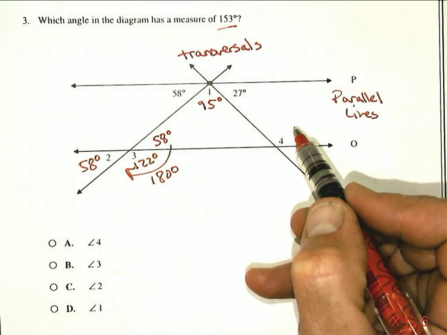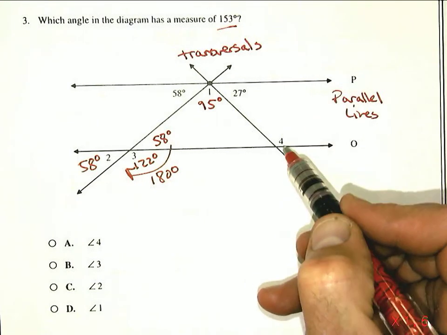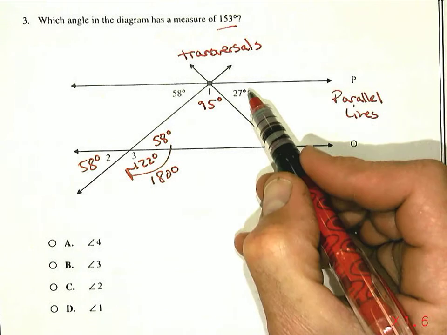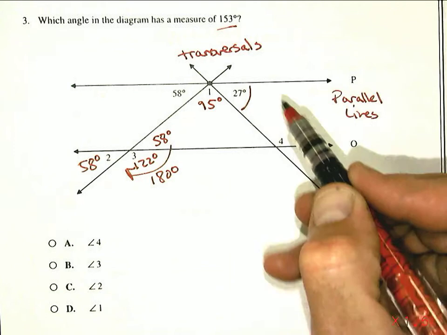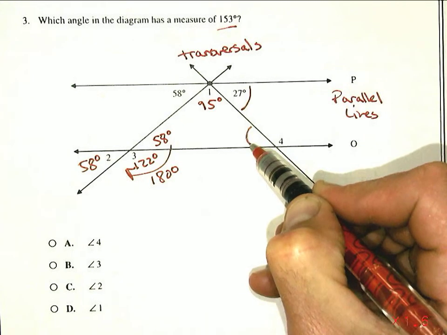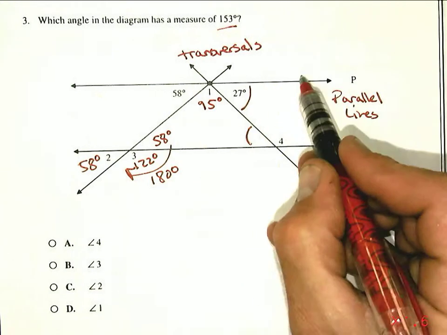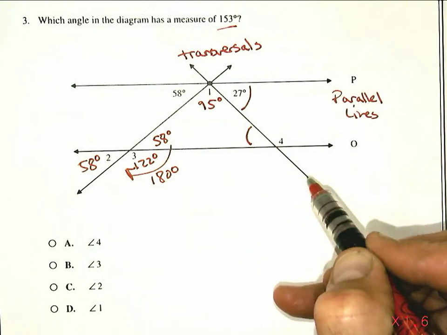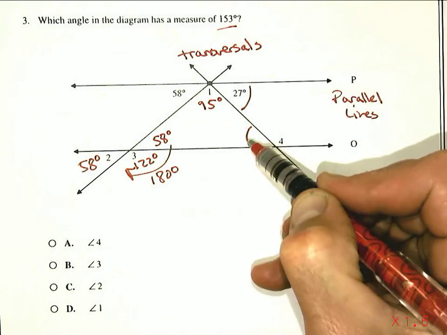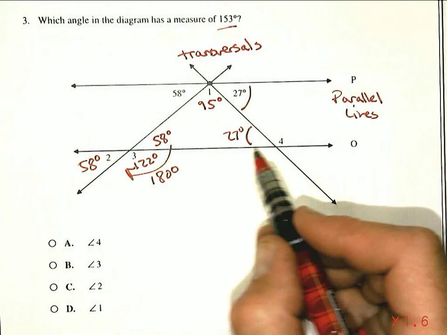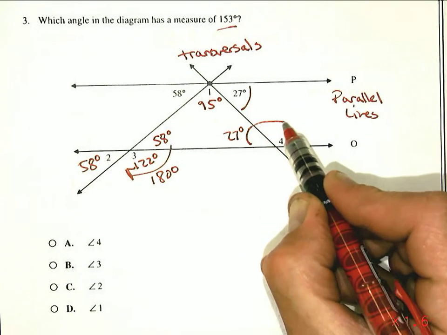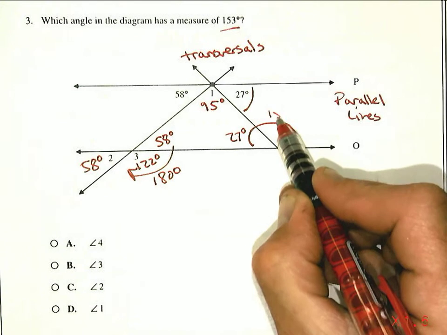Now let's just make sure that we can prove that angle number 4 is the right size, because I can take this angle right here that's 27 degrees, and remember that it's an alternate interior angle. You have a set of parallel lines and a transversal that cuts them. The alternate interior angles are the same size, so this one's 27 degrees, and together all the way across here is going to have to be 180 degrees.